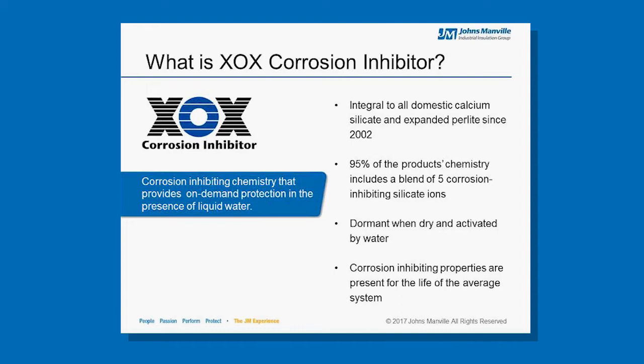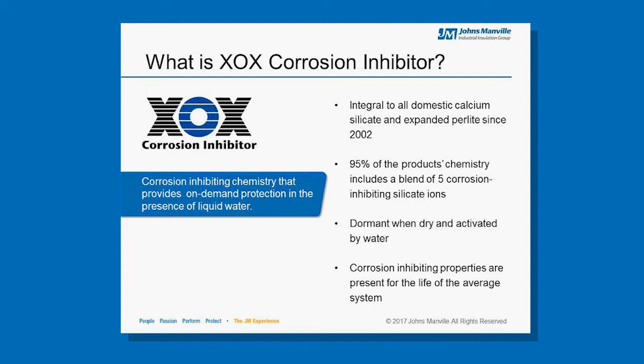The second thing that it does is it applies an oxidation layer at the pipe surface, inhibiting the corrosion, encouraging that circuit to be broken and not create the corrosive pitting that you would typically see in an application that does not have XOX corrosion inhibitor.